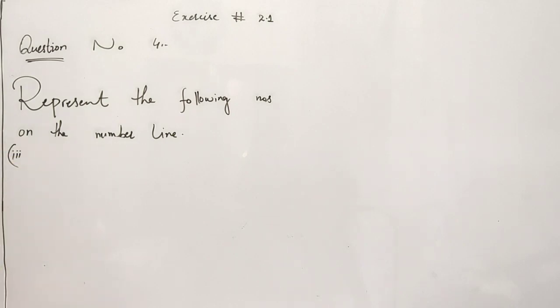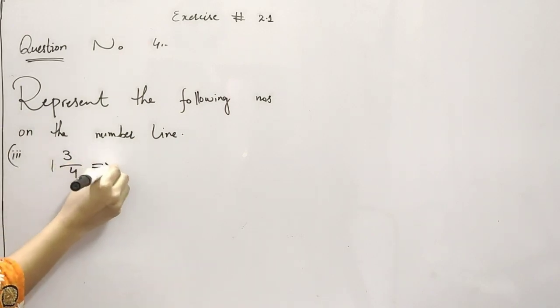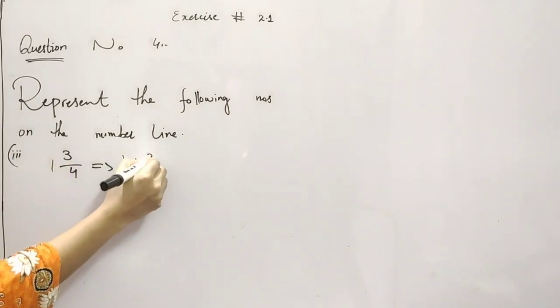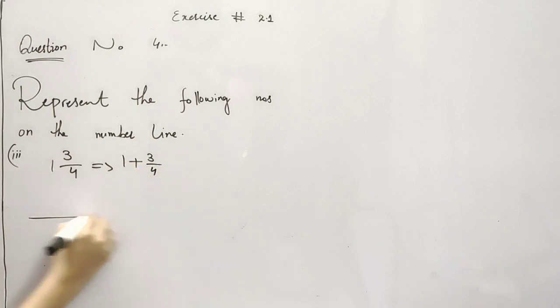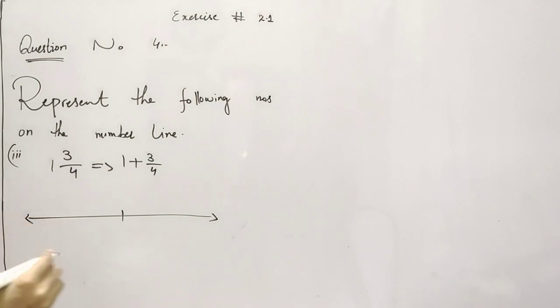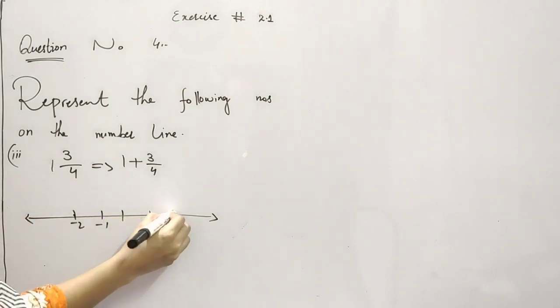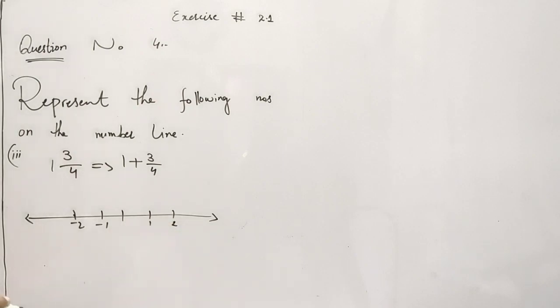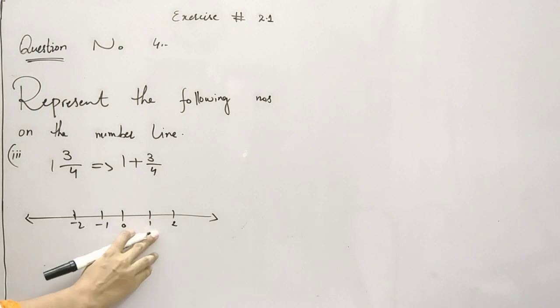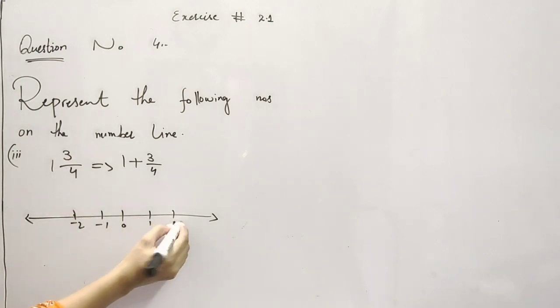Now we will solve the third part, and the third part is 1 whole 3 by 4. We can say that it is equal to 1 plus 3 by 4. So here minus 1, minus 2, and here 1 and 2. 1 plus 3 by 4 means it is located between 1 and 2 on the positive side.